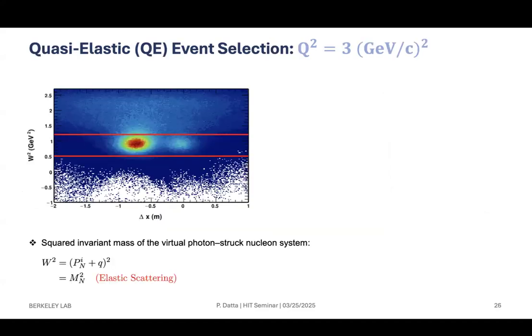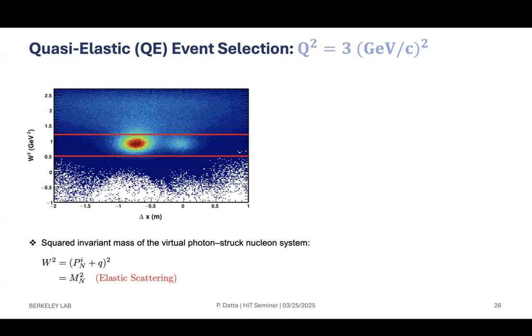The correlation between the W squared and delta X variables very nicely shows the process of our quasi-elastic event selection. Here, again for Q squared equals 3 GeV squared, the lowest Q squared we took data on, you can see the quasi-elastic spot near the mass of the nucleon as expected, and then significant contamination from inelastic events shifted towards the high W squared region.